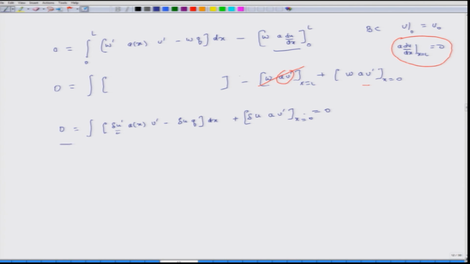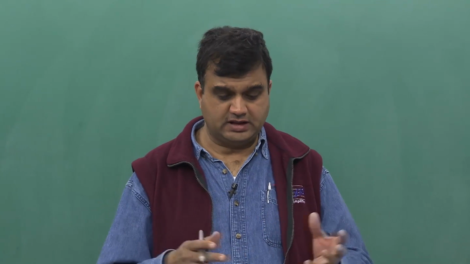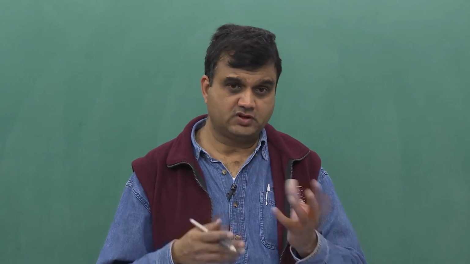This form where I am replacing w by variations is known as variational form. And a lot of times the weak form and variational form are used interchangeably.